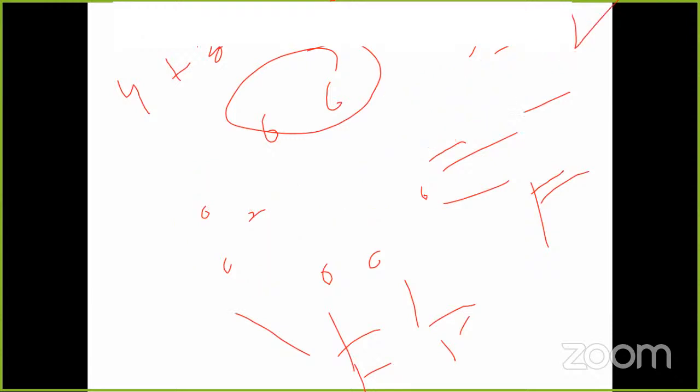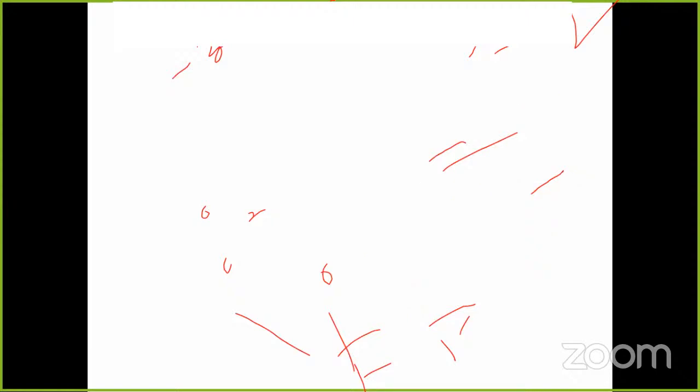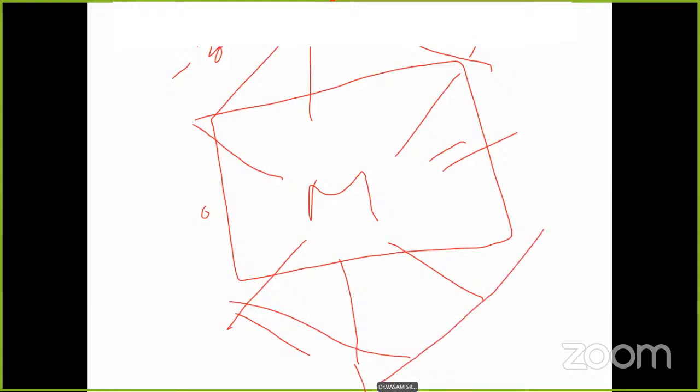sp3d2 hybridization. You know the standard geometry of sp3d2 is octahedral. You see, this is M, 1, 2, 3, 4. This is octahedral.